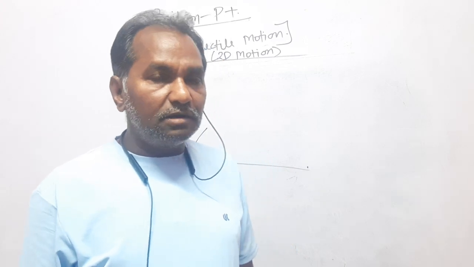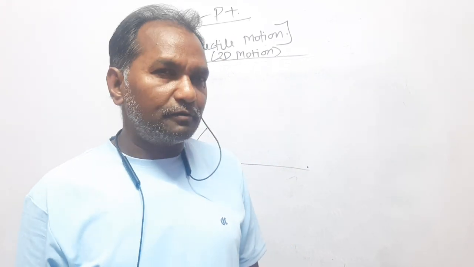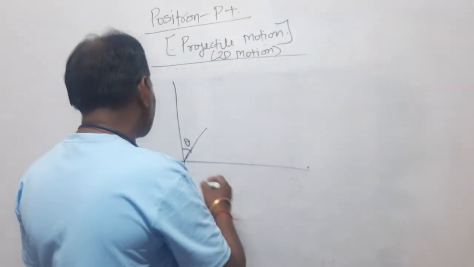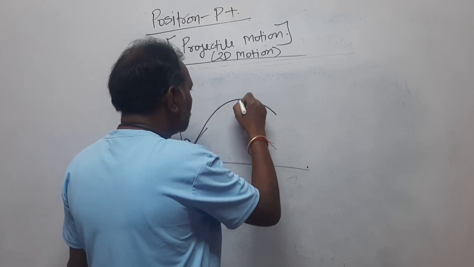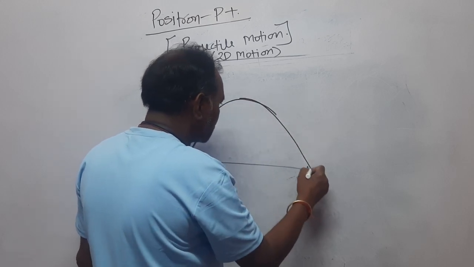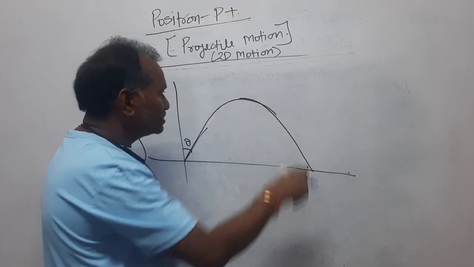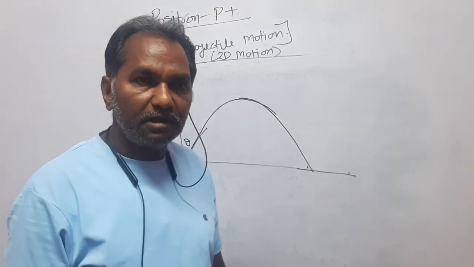It is not exactly projected vertically upward, but is projected making some angle from the vertical, like this, and then it will follow this path. It will go to the maximum and then return back, following this parabolic path, right?